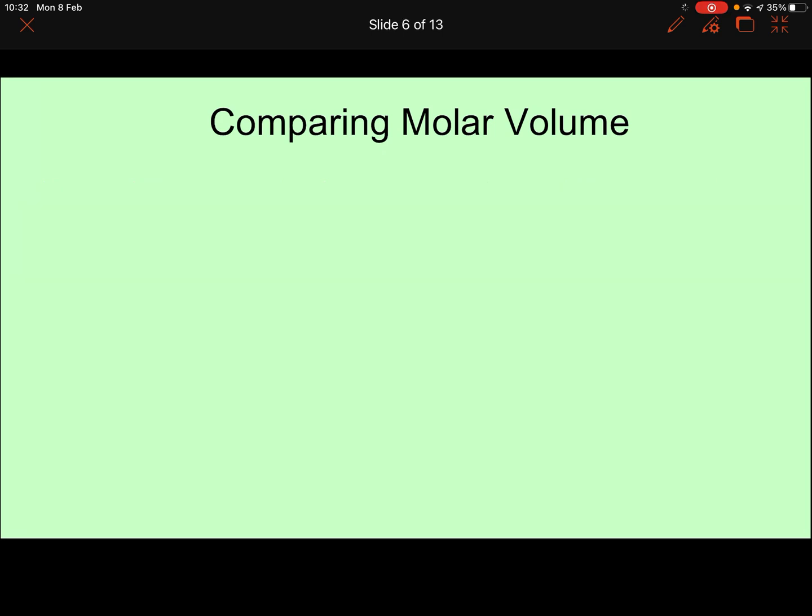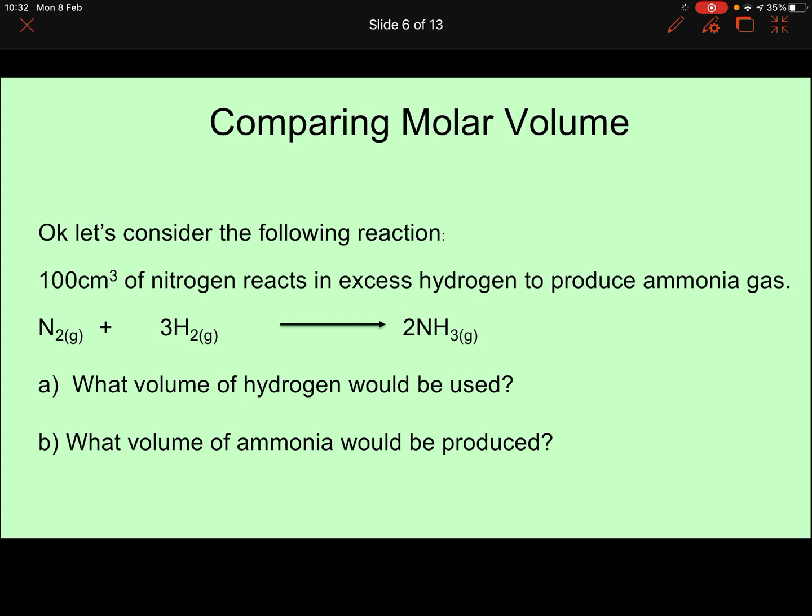Okay, here's an actual type of question. Let's consider this one. 100 centimetre cubed of nitrogen reacts in excess hydrogen to produce ammonia gas. That means we've got 100 centimetre cubed of nitrogen in total, but we've got as much hydrogen as you need, right? Loads of it.